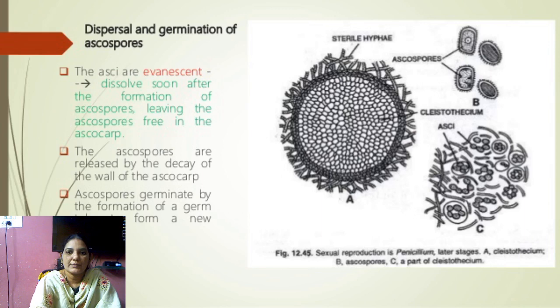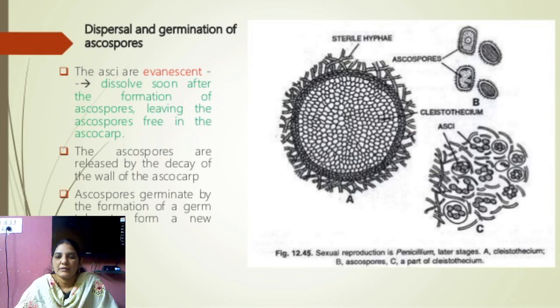Each ascus has one diploid nucleus, which undergoes meiosis and is divided into 4 haploid nuclei. Then again it is divided into 8 nuclei, and each ascus has 8 ascospores.